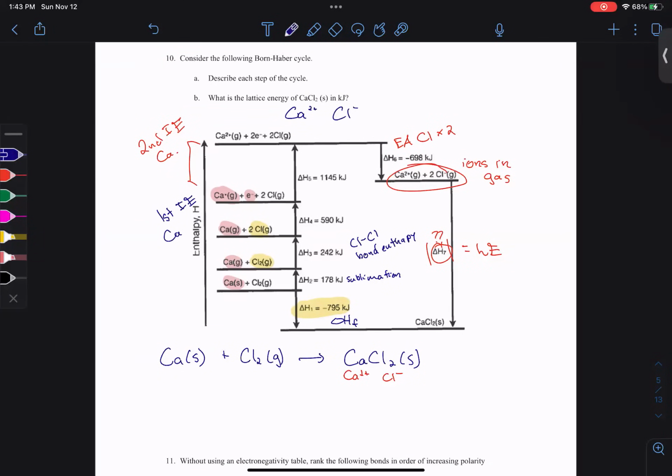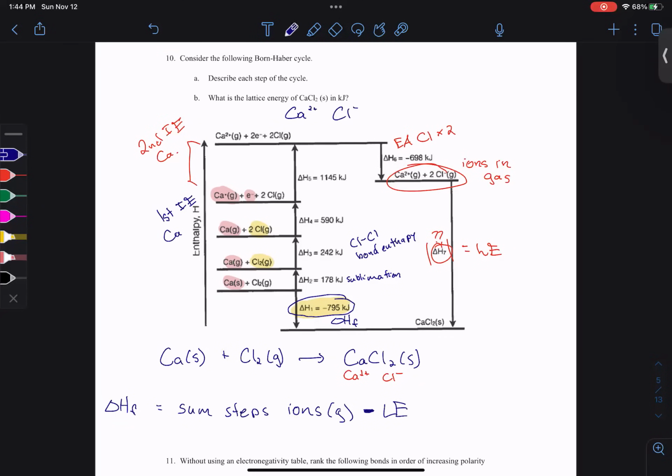In general, how I calculate the steps in the Born-Haber cycle when given it in a graphical way like this is: the delta H of formation, I like to think of this first step as my reference step, equals the sum of all of the steps to get the ions in their gas phase, and then the last step is you subtract lattice energy.